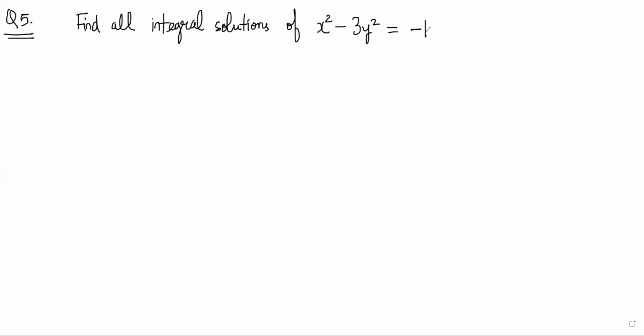Then the next one is this one: find all integral solutions of x square minus 3y square equal to minus 1. This is also a little tricky, but it's a very short solution if you get the trick.